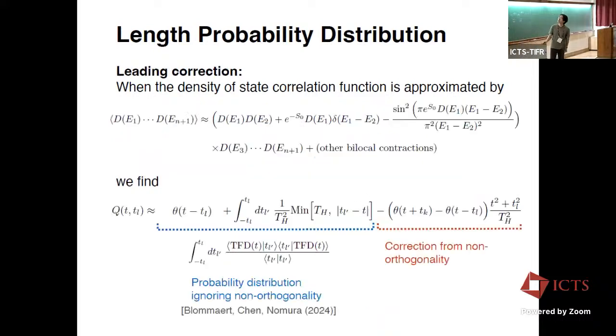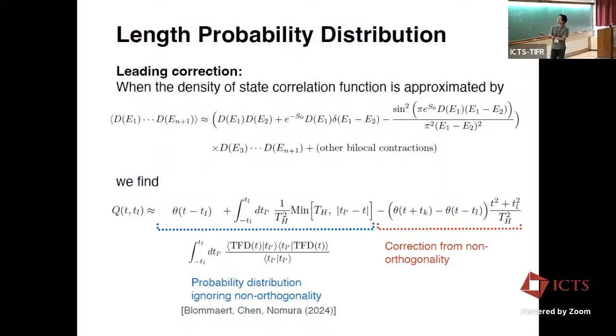The more interesting contribution comes from when we have a more non-trivial contribution from the density of states correlator. Here I'm only considering that the two-point function is connected. There are many other bilocal contractions, but I'm only taking two of them to be connected. Even though this assumption is a bit crude, we find a very interesting result.